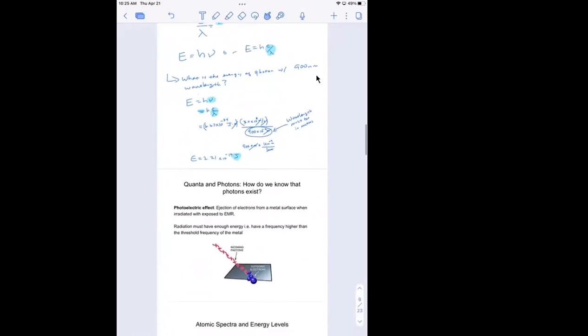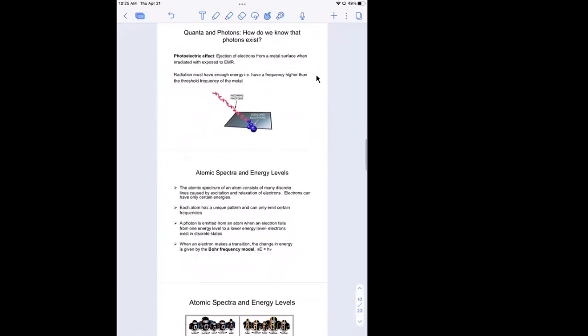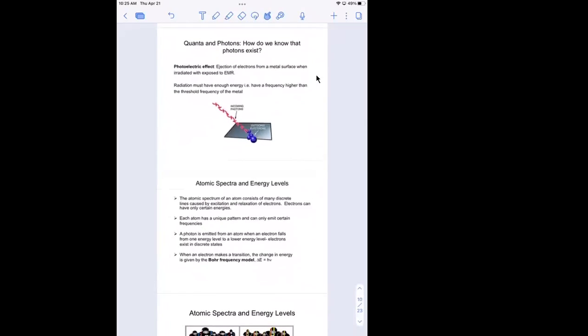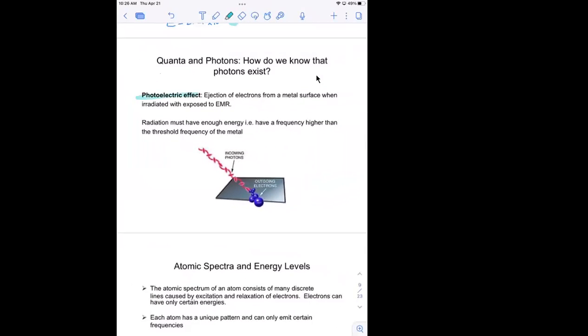All right. Let's go to the next section, still dealing with light and photons. And one of the ways we know that photons exist is by the observation of what we call the photoelectric effect. And that's just taking a metal surface and shining light on it and being able to eject electrons from that surface.